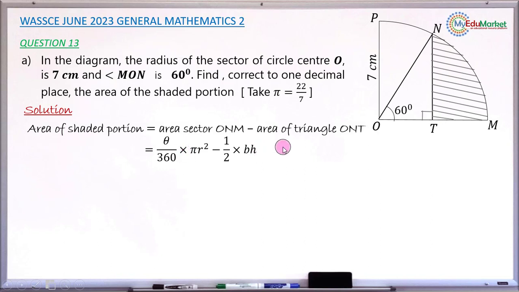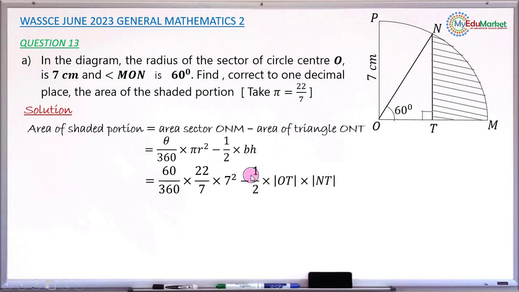The angle theta for this sector will be 60 degrees. Substituted, you have 60 divided by 360 multiplied by 22/7, the value of pi asked to be used, multiplied by 7 squared, that is r squared. The radius of this circle is 7.